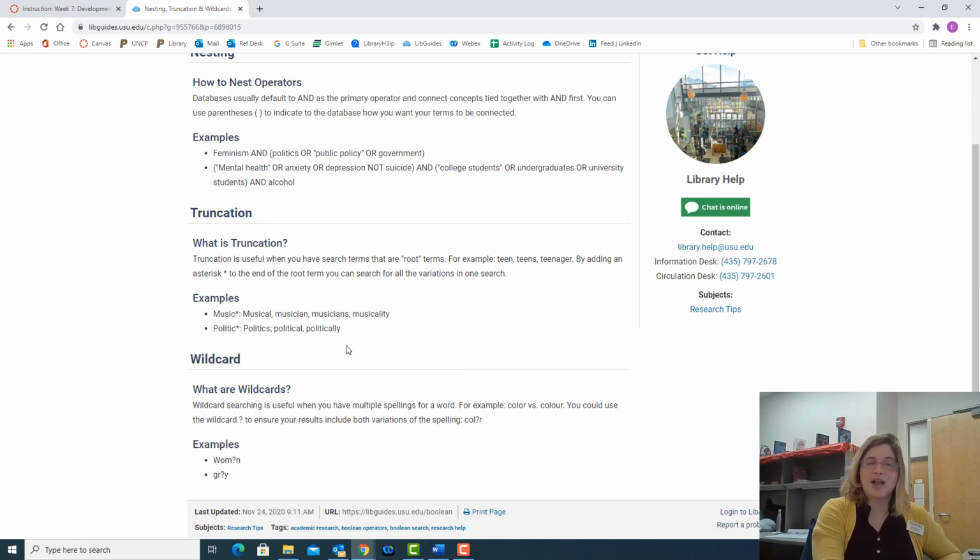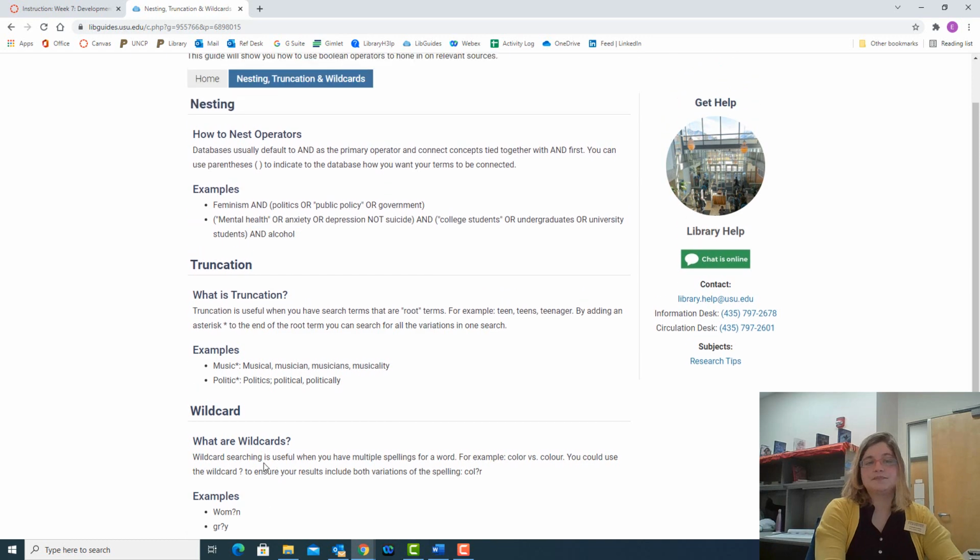And the last one is wildcards, where a word may be altered based on spelling. And this could be something like a plural, man or men, woman, women, or it could just be English versus American spelling. And you can just use a question mark in place of the letter that might be altered.